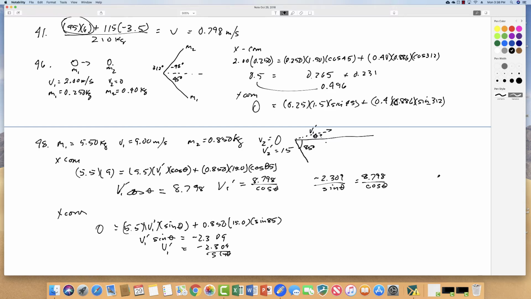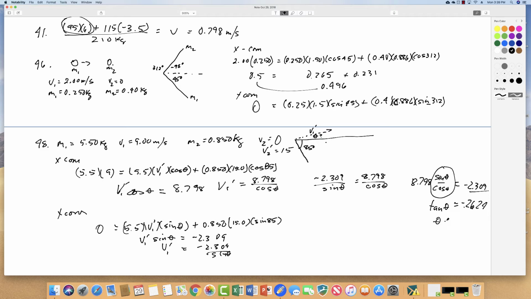And that ends up being 8.798 sine theta over cosine theta is equal to minus 2.309. Now, this is an identity in trigonometry. It is the tangent of theta. So the tangent of theta becomes this number divided by this, which is minus 0.2624.